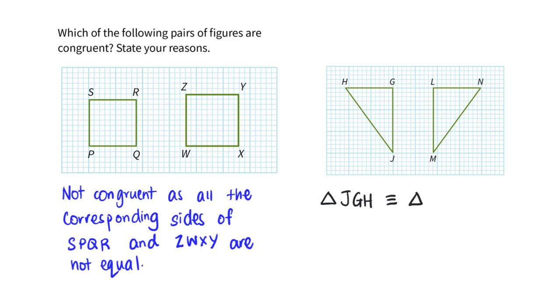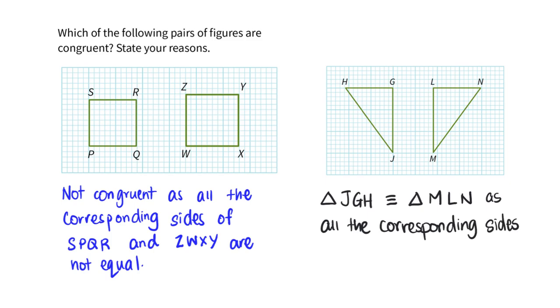If I start from J, I will have to start from M, followed by L and N. Alright, as all the corresponding sides of triangle JGH and triangle MLN are equal.